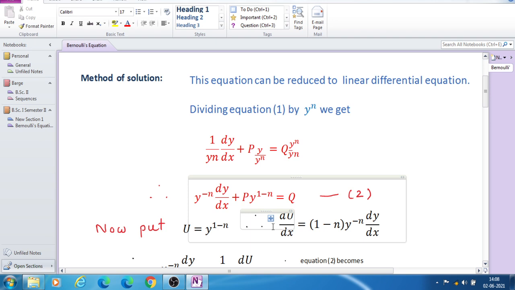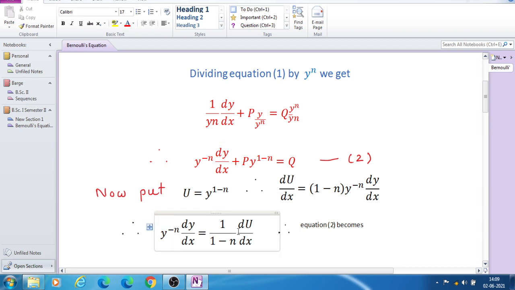Now here we get 1 upon y raised to n, that means y raised to minus n, into dy by dx plus p into y raised to 1 minus n is equal to q, as y raised to n gets cancelled.